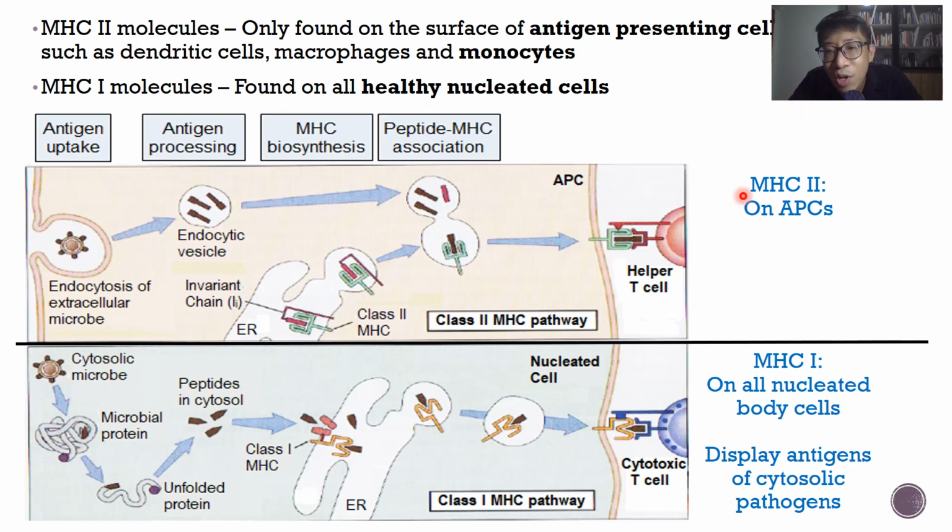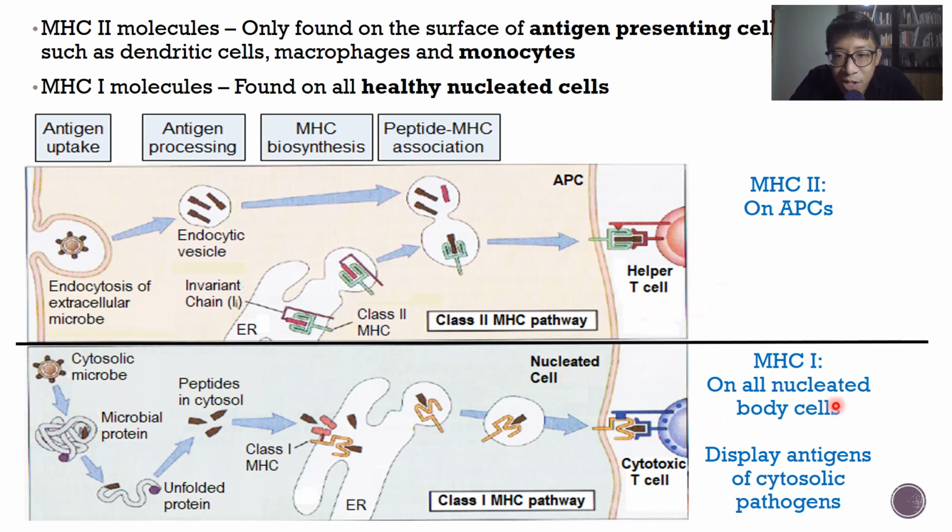They do roughly similar things. Both MHC class 2 and class 1 molecules present antigens on the cell surface. We have already looked at how MHC class 2 present the fragments of antigens from phagocytosed pathogens on antigen presenting cells, and that would activate the naive helper T cells here.